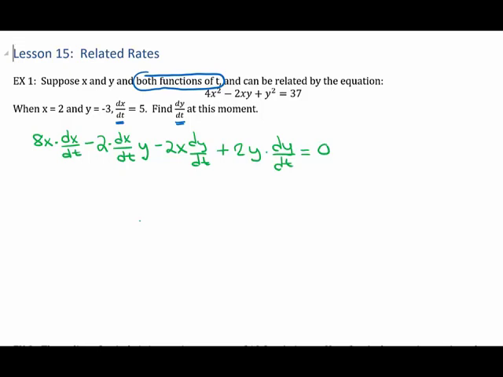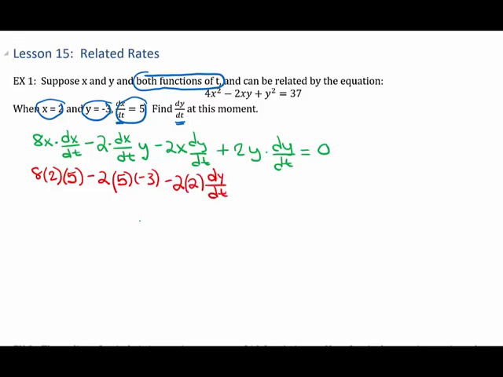Now you can solve for dy/dt, but I think what I'm going to do is plug all the numbers in and then do the solving. So x is 2, y is negative 3, dx/dt is 5. Let's plug those numbers in. So 8 times 2 times 5, minus 2 times 5 times negative 3, minus 2 times 2, and we don't know dy/dt, so that just stays as is, plus 2 times negative 3.